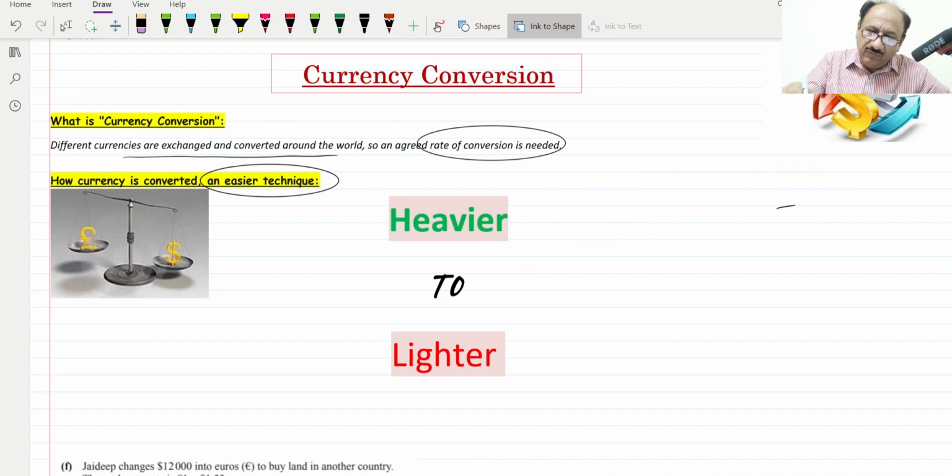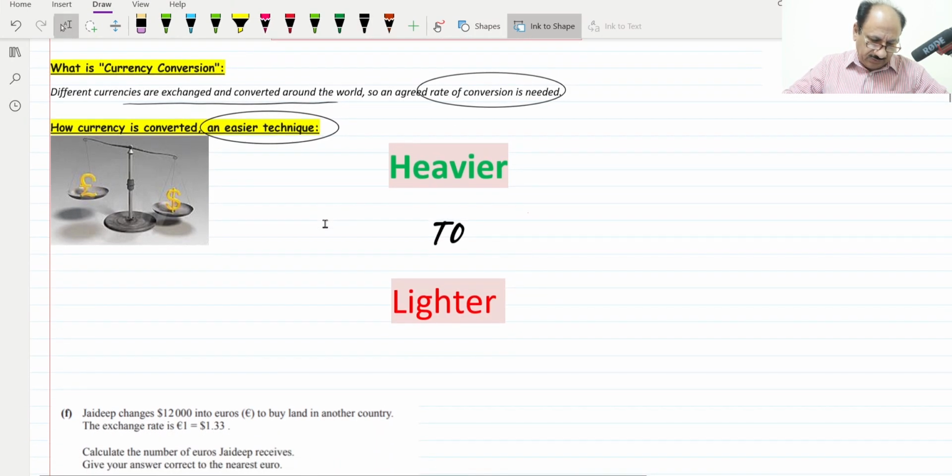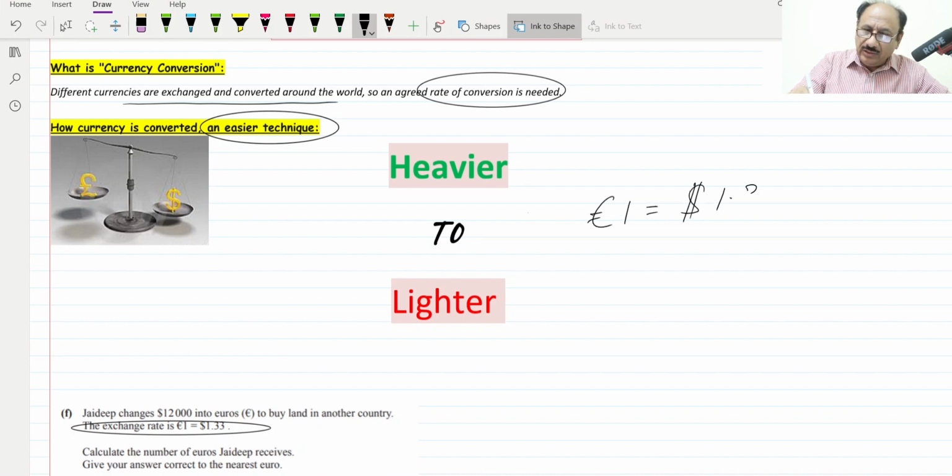How can we identify? From the rate of conversion. In this question, I will take the rate of conversion from here. Exchange rate is 1 euro is equal to 1.33 dollars.